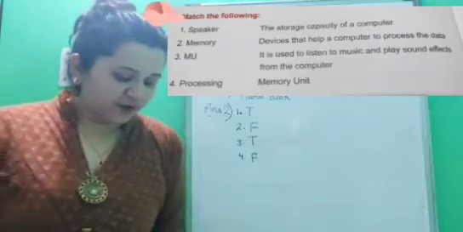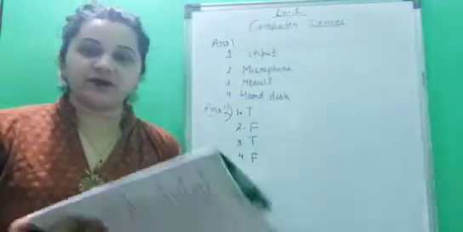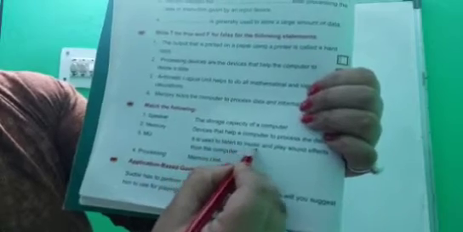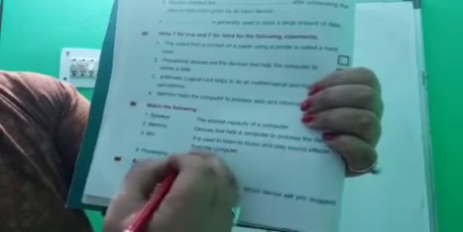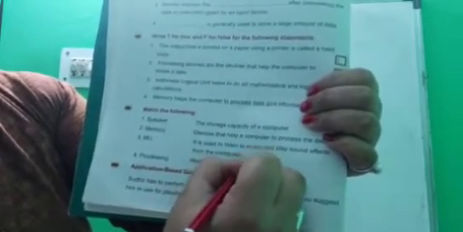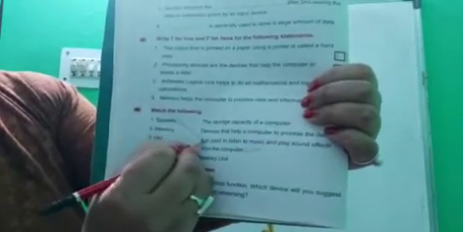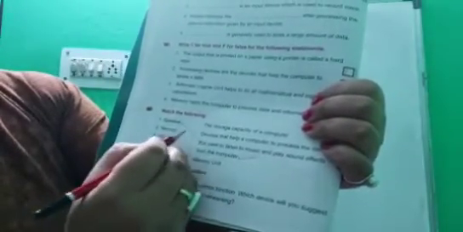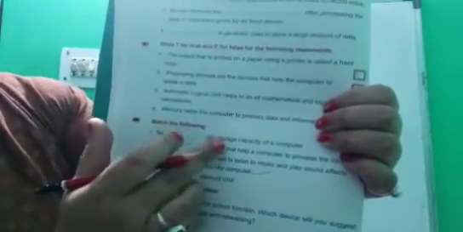Now come to the third question, children. Match the following. Now this question you will do like this. Speaker. Speaker is what, children? Yes, it is used to listen to music and play sound effects from the computer. So match it with this one. Second is memory. Memory is the storage capacity of the computer.